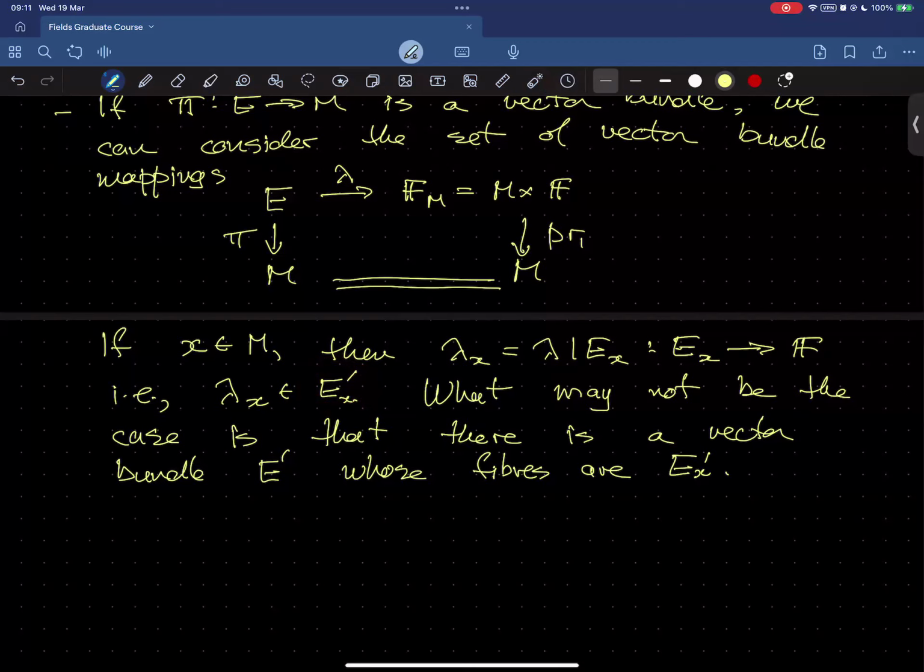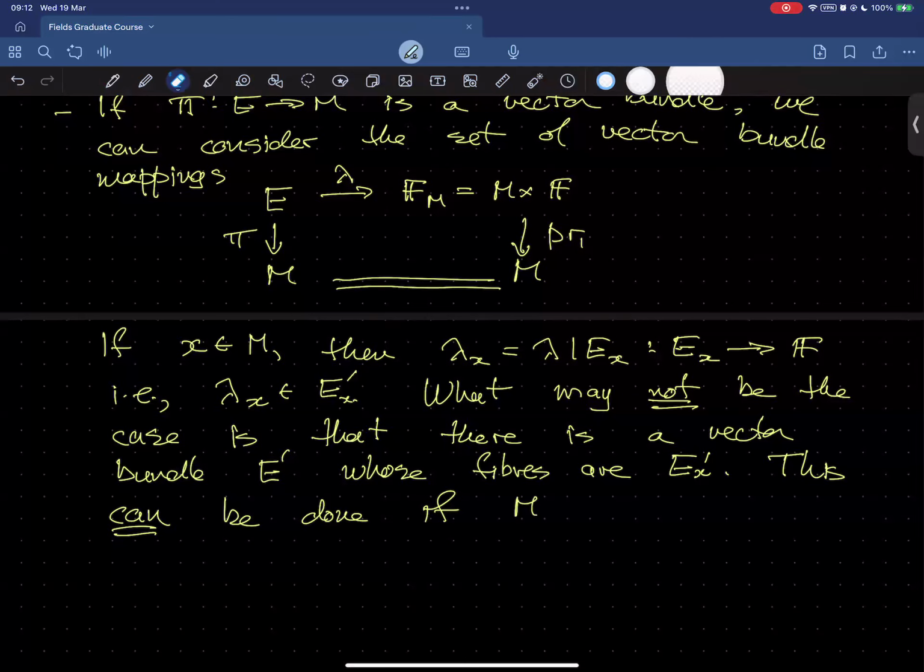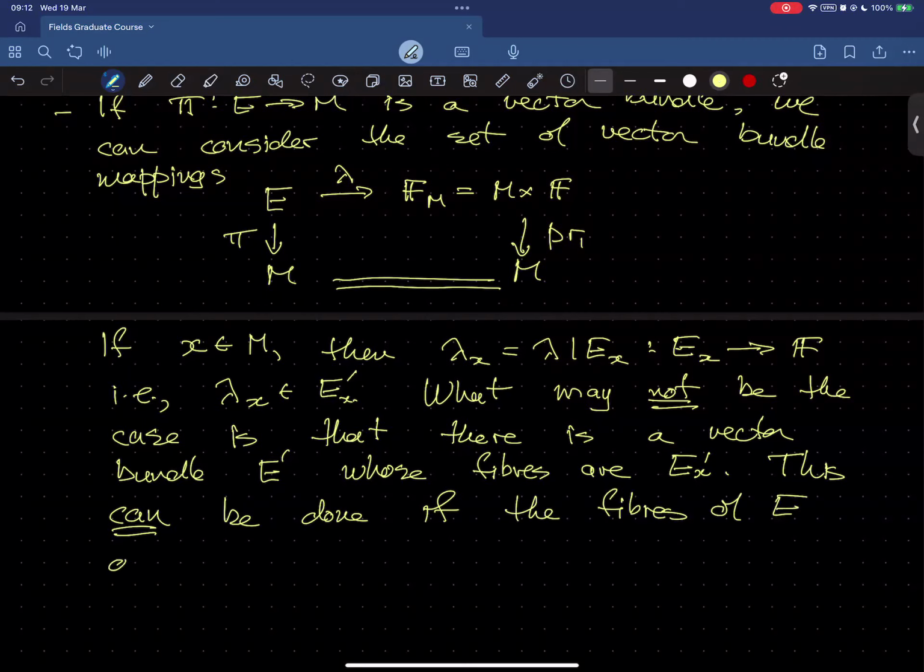Okay. So when is this true? So this can be done, let me emphasize, if the fibers of E are modeled on Banach spaces, or even just normed vector spaces in general.